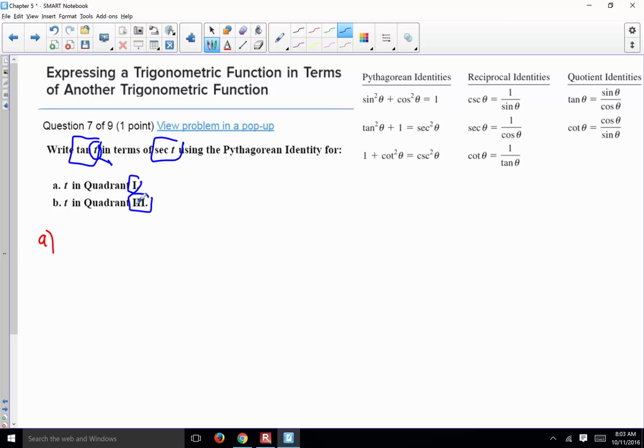I don't know. First tell me, which identity helps us convert tangent into secant, please? Which equation here has tangent and secant involved? Yeah, it's the Pythagorean identity. Tangent square plus 1 is secant square. So I start with that.